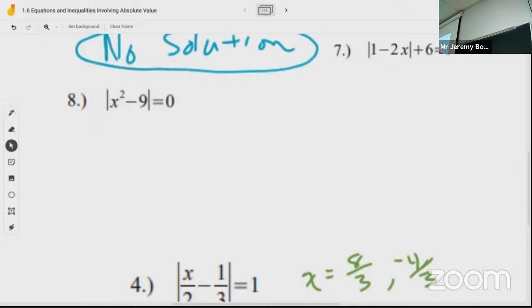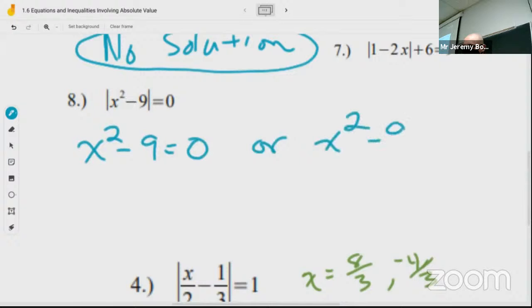But do I want to go ahead and say, well, x squared minus 9 equals 0, or x squared minus 9 is equal to negative 0? There's something wrong with that, or what? You can't have a negative. Yeah, there's no such thing as negative 0, right? Negative 0 is just 0. 0 doesn't have a sign. So all we need to do is say, well, x squared minus 9 is equal to 0.